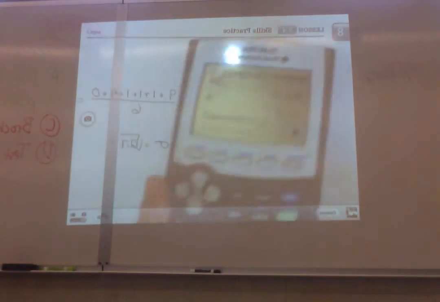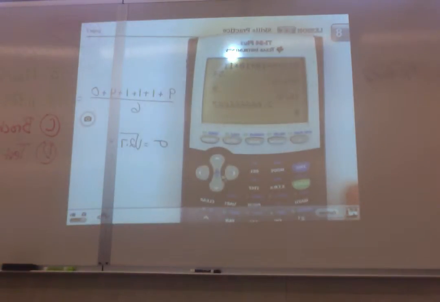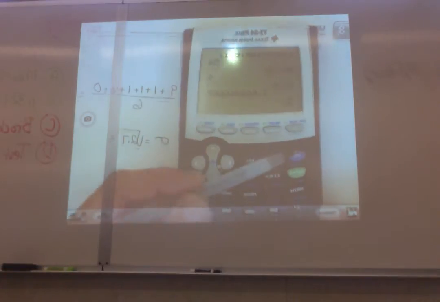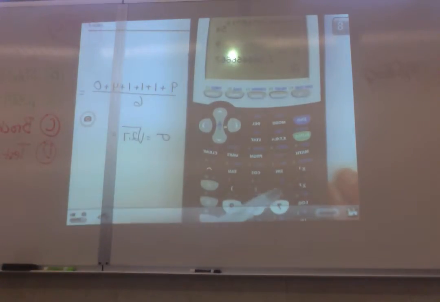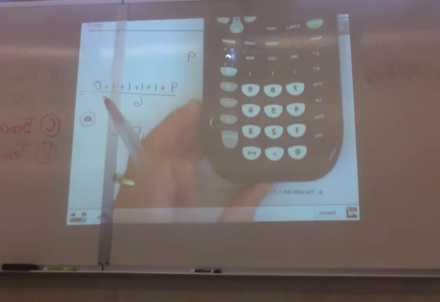On your calculator, if I want to take a square root of a number like that and I don't want to re-enter it because I want the digits to be just right, I'm going to go second square root. Square root is a blue number, so second square root, which is on the x squared button down here. And then I'm going to go second and answer.